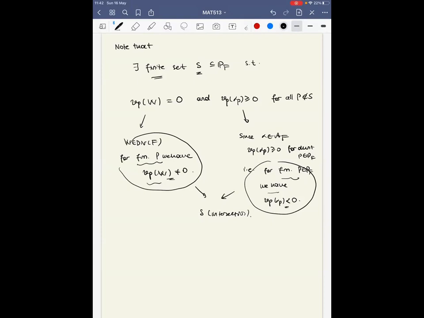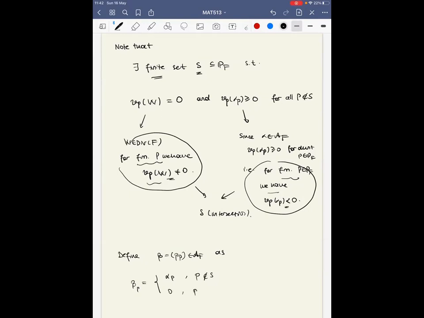So such a finite set exists. And now, depending on this set, we want to consider an adele where at the pth component we assign alpha p, the pth component of the adele we fixed in the statement, whenever this place does not belong to this finite set.